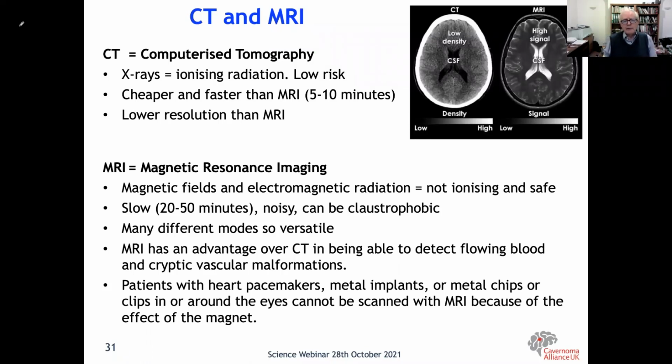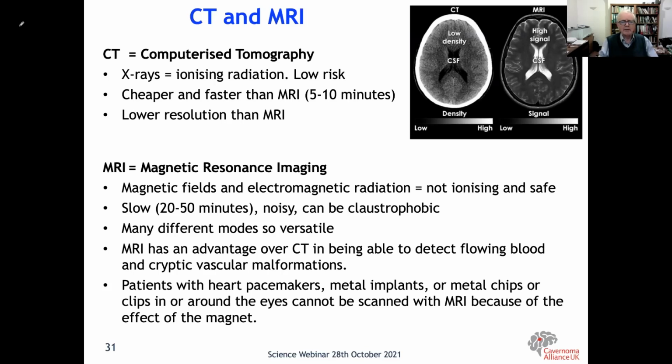It's cheaper and faster than MRI, so in emergencies you will probably have a CT scan, but it's lower resolution than MRI, and it doesn't image cavernoma anything like as well, so it's not a good way of understanding cavernoma. But MRI, magnetic resonance imaging, works by having magnetic fields.